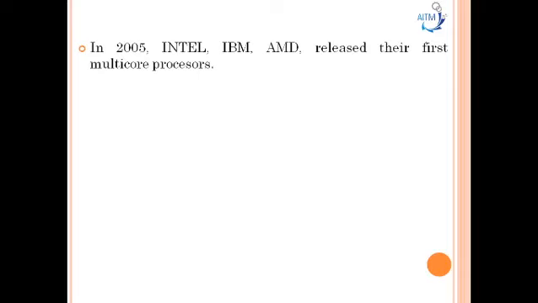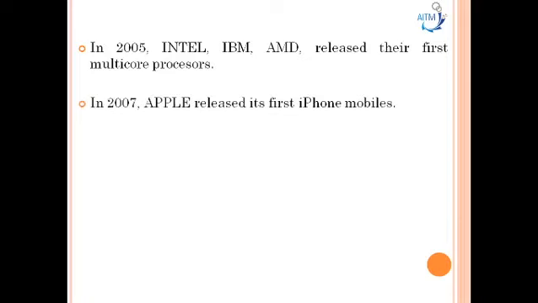By the year 2007, Apple released its first iPhone. Following the iPhone, in the year 2008, the first Android phone was launched, and the Android code became an open source operating system.